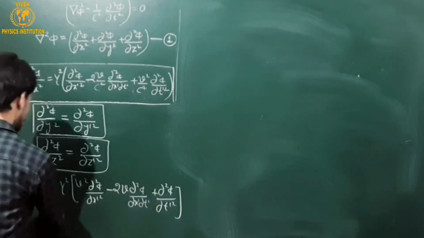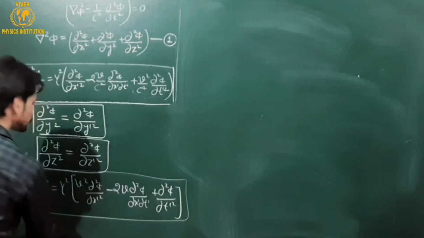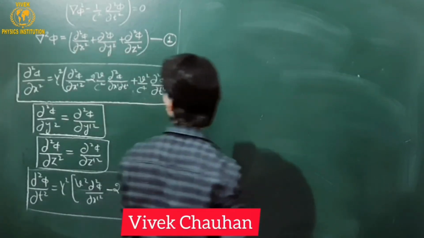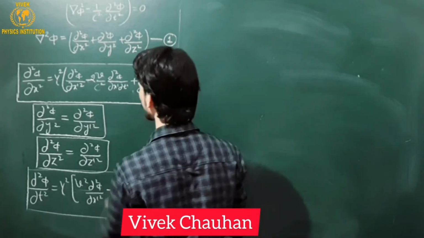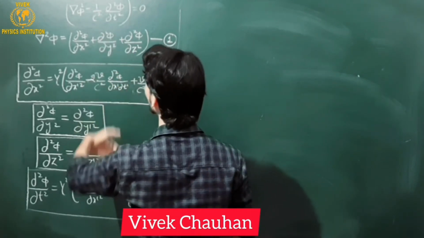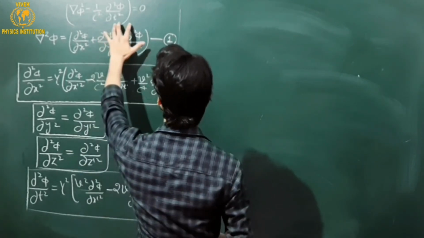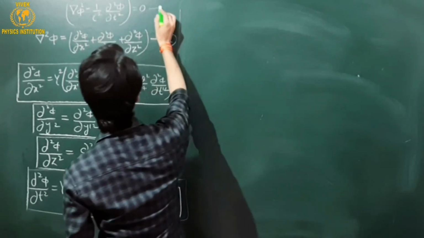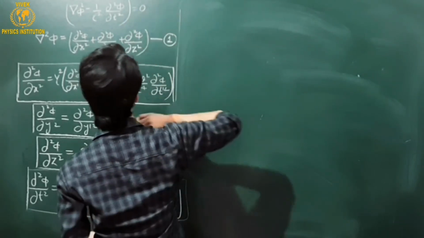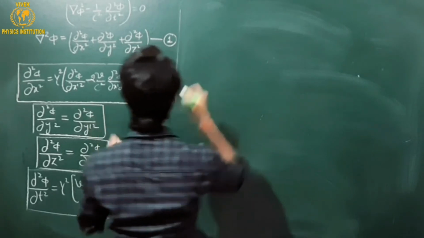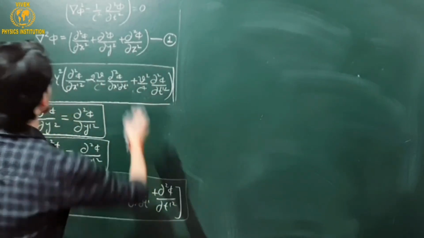So this is the last value that we have. I am just about to put all these values in the wave equation. The wave equation will be, I can remove this factor here.